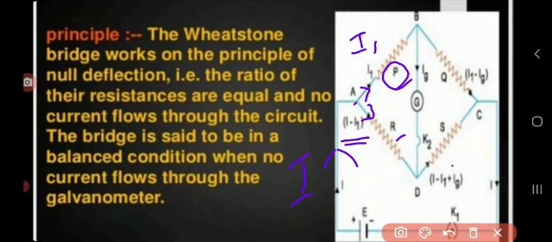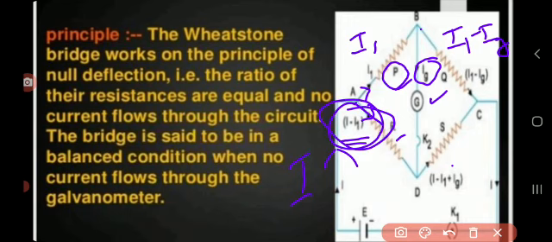Now I1 current reaches at point B and then it divides into two parts once again. Through the galvanometer G, Ig current is passed and rest of the current, that is I1 minus Ig, is passed through the resistance Q. Now at point D, these two currents, that is I minus I1 and Ig, are added up.